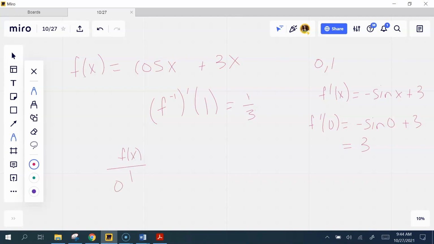If f of x is (0, 1), then the inverse is (1, 0). So I'm just going to plug in 1 as the x, and I'm going to plug in 0 in my place.